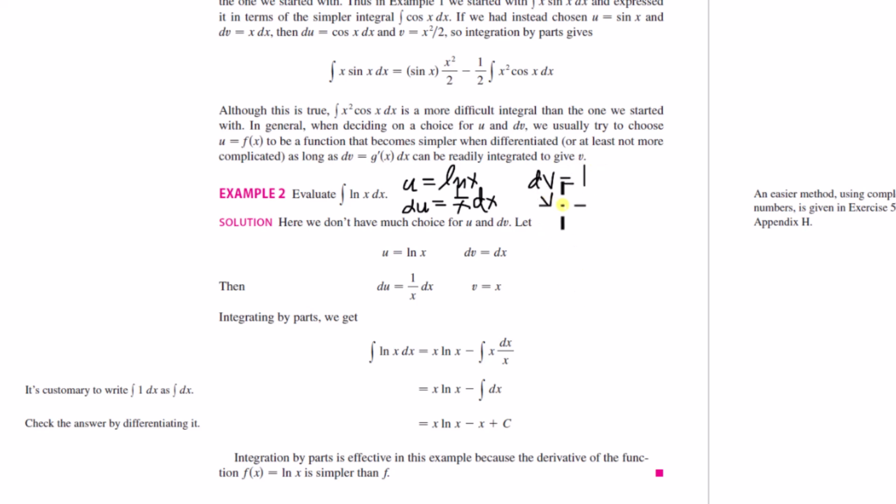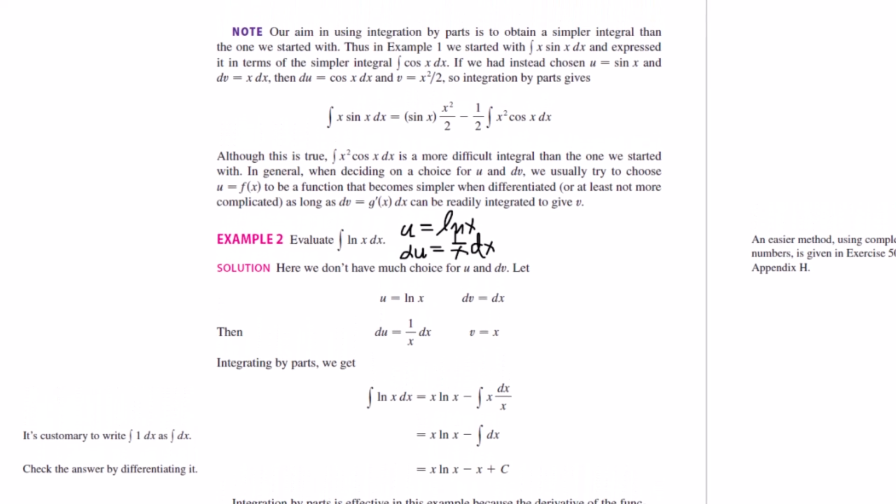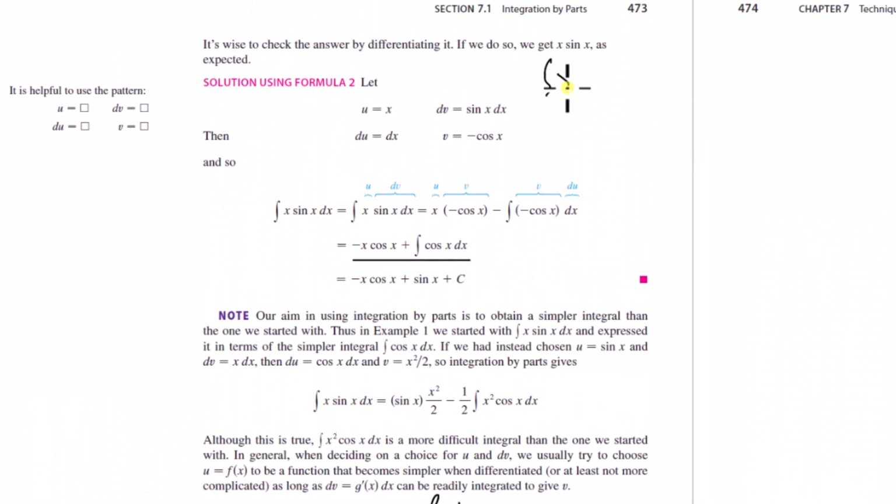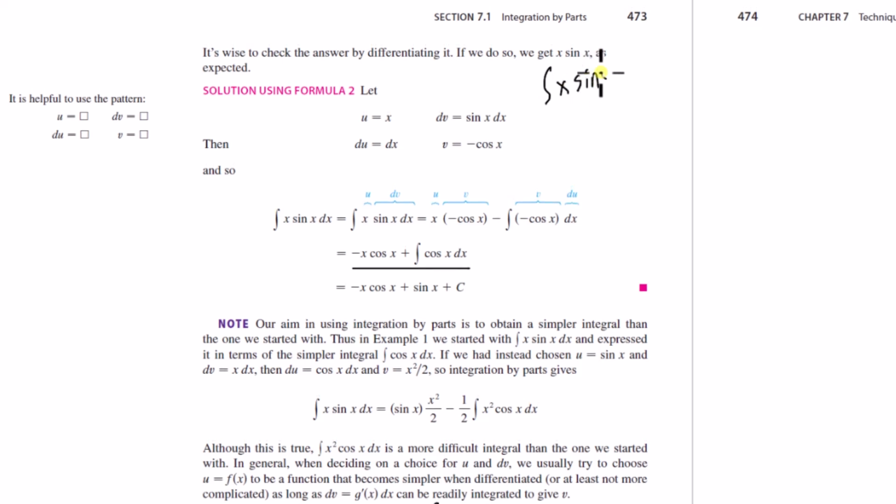So now dv is equal to 1. So v is equal to x. Okay, no, I'm getting this wrong here. So let's come back here. For the integral of x sine of x dx, the way you do it is, they chose u equal to x, so you take the derivative and you get the differential du is equal to dx.